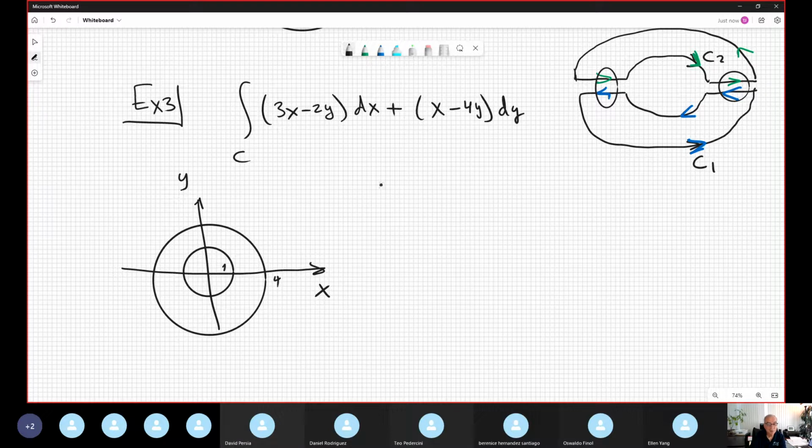And our famous region is this. Of course, the direction of this non-simple curve is, this is C1 que es counterclockwise and this is C2 que es clockwise.